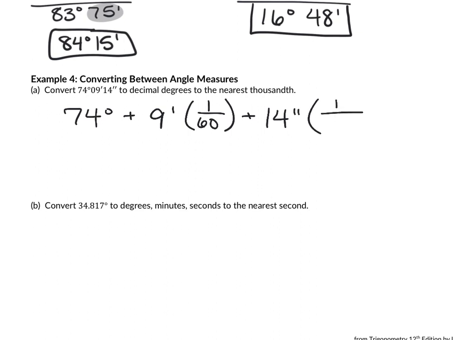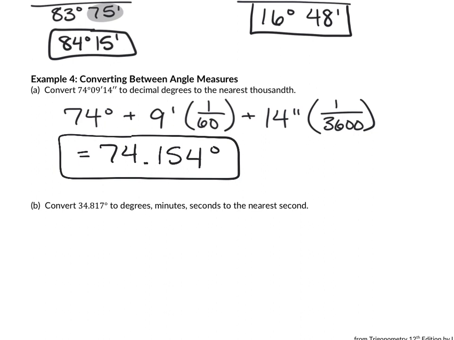Its scalar to a degree is not 60, it's 3600. So we're going to do 74 plus 9 times 1/60th plus 14 times 1/3600. Once you type all that in, press go. We should get 74.154 degrees. Is that what y'all got? Yep. Fabulous.